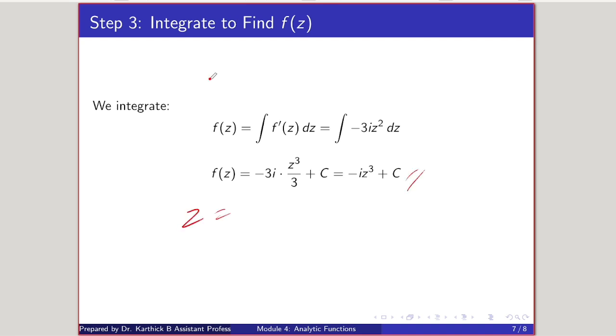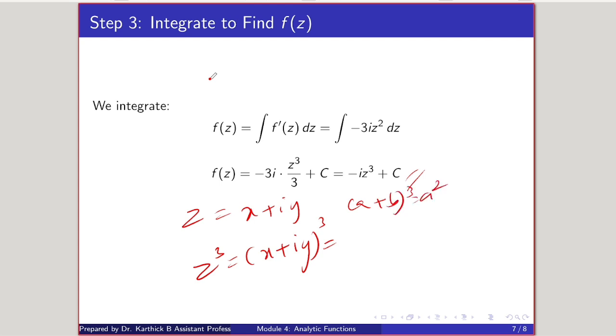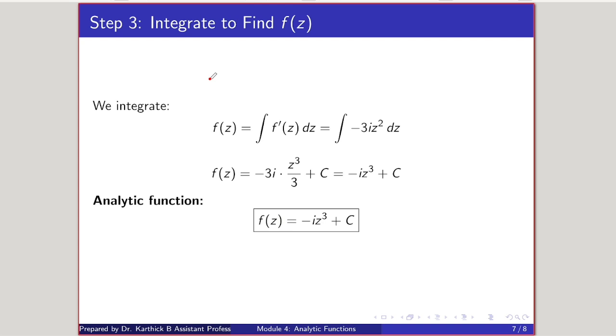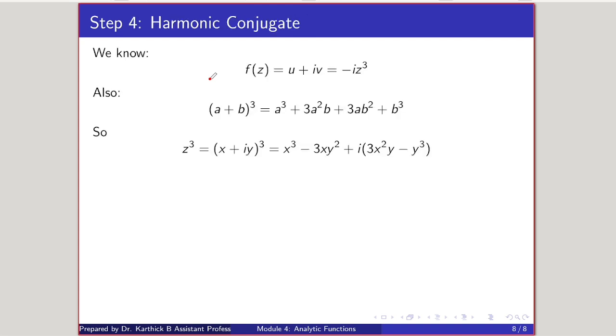We know that z can be written as x plus iy. z cube means x plus iy whole cube. According to the a plus b whole cube formula, a cube plus b cube plus 3a square b plus 3ab square, we may find z cube first.